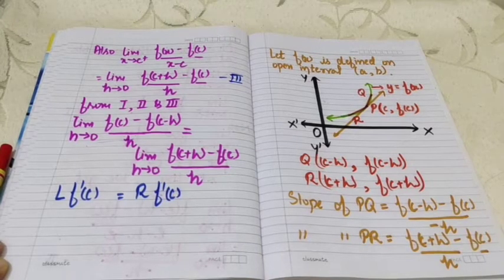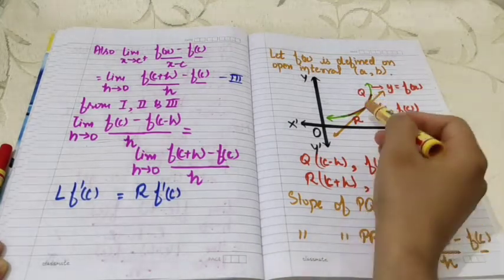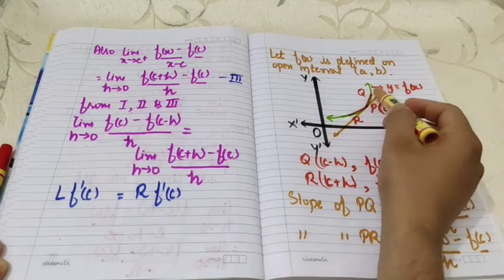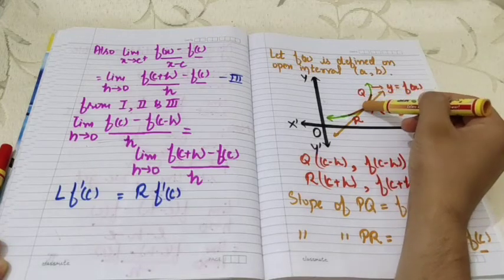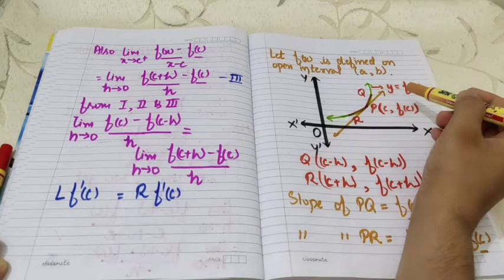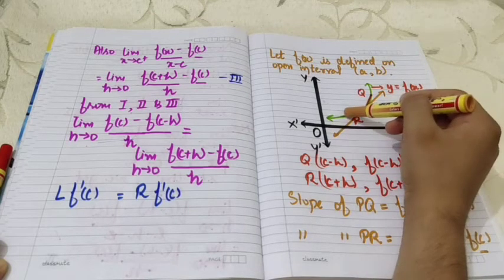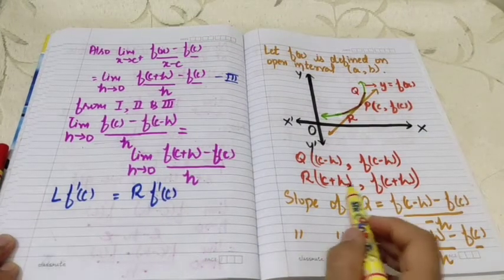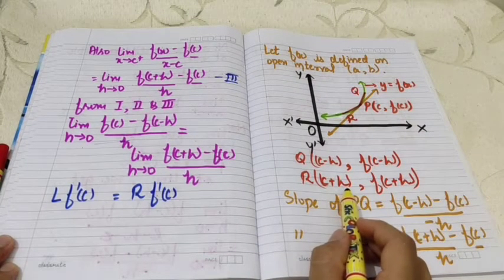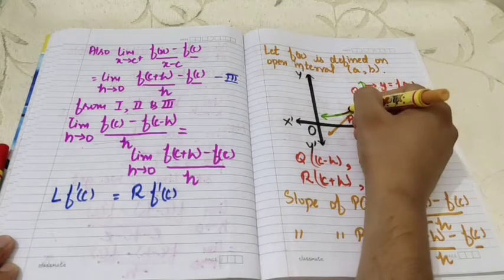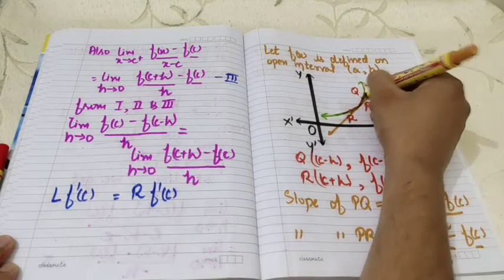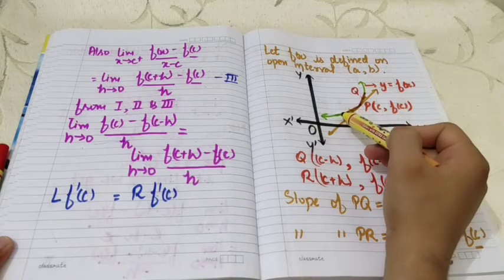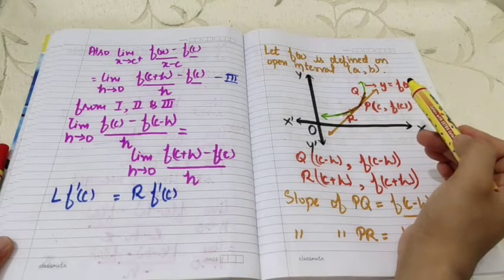Now we know that the tangent to the curve at point P is the limiting position of chord PQ when Q tends to P, and it is also the limiting position of chord PR when R tends to P. Now since h approaches 0, both point R as well as point Q will tend to point P, R through the right side and Q through the left side.